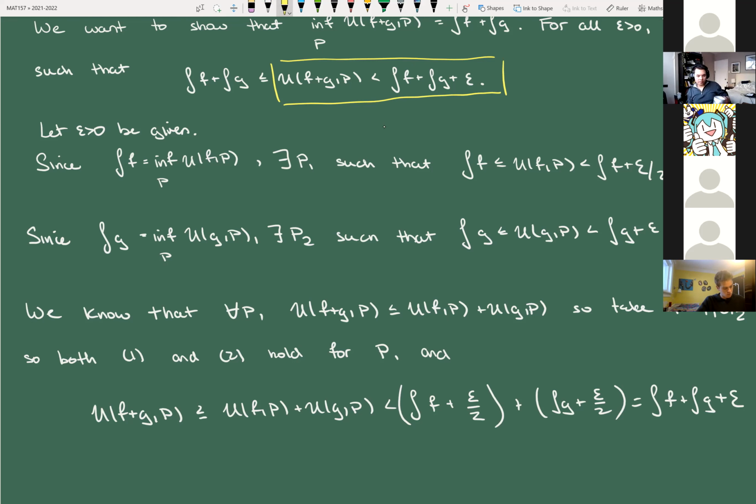And now it's the other side that oddly enough is giving me trouble. So I think I'm going to have to use L, and I really don't want to. Okay, so if I use the lower sums, I get the integral of f is greater than or equal to the lower sum of f, and the integral of g is greater than or equal to the lower sum of g.